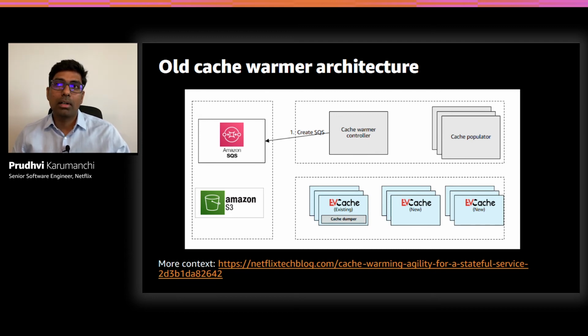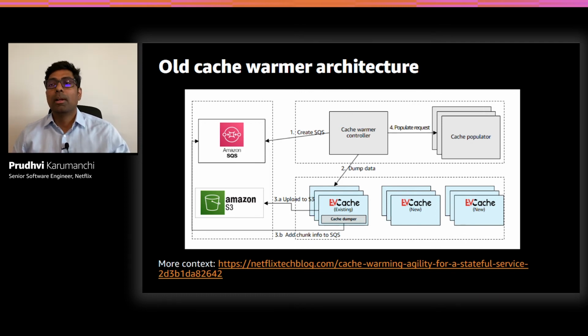Then it instructs the memcached server nodes to start dumping their data. The data that gets dumped is split into chunks and uploaded to S3. Also, the location of the chunk in S3 is sent as a message to the Amazon SQS queue that we created in step 1.